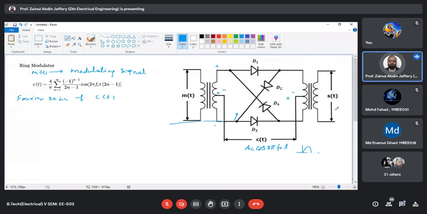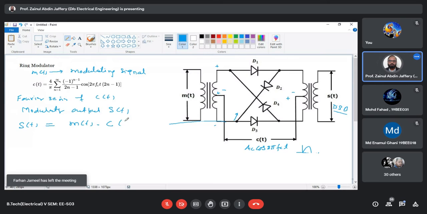And I told you this is a DSP, right? We are talking about the DSP modulator, so this will be a DSP signal, right? So the modulator output ST you can write as ST is equal to MT into CT, right, that we have already told you.